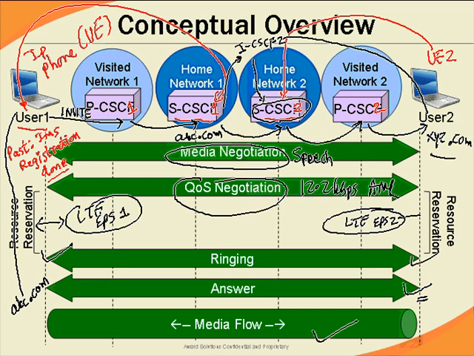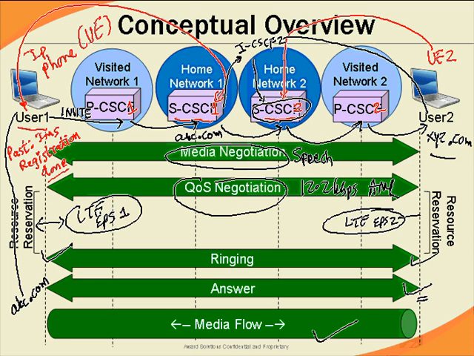We have got one question. In this example, where is the proxy? In this example, what is happening is user 1 is also roaming, user 2 is also roaming. So both users are roaming, basically.